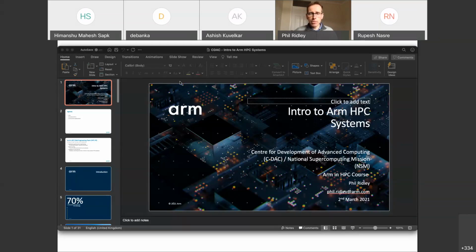I'll start off by giving a general overview of what we do at ARM, the ARM processors, the architectures, and then I'll talk about how the current HPC deployments that use ARM-based processors are.